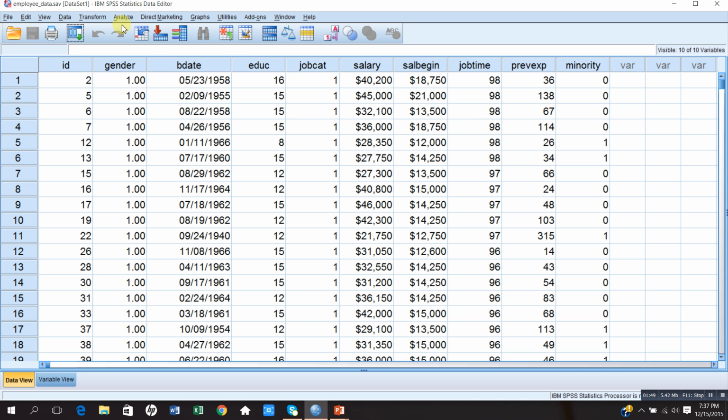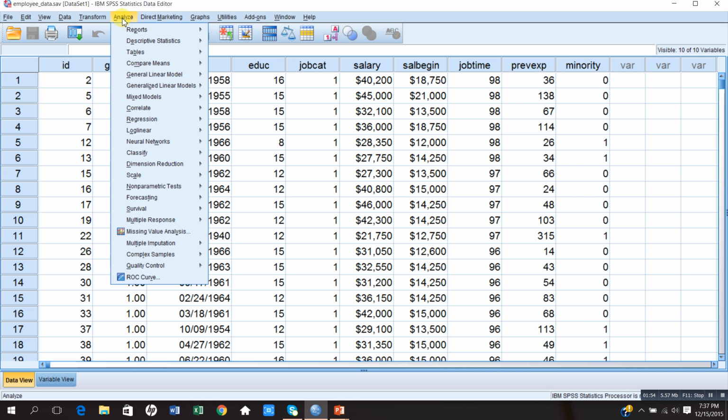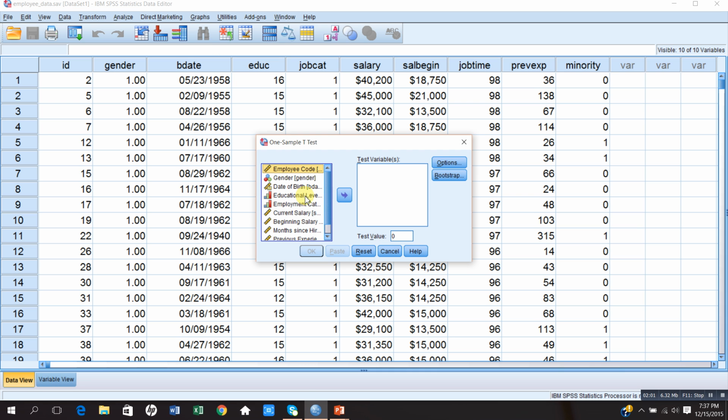So first I would like to conduct the one sample t-test, and I'll go to analyze, compare means, and then one sample t-test, and here it is asking me what is your test variable. Let us assume that I want to test this variable, current salary.